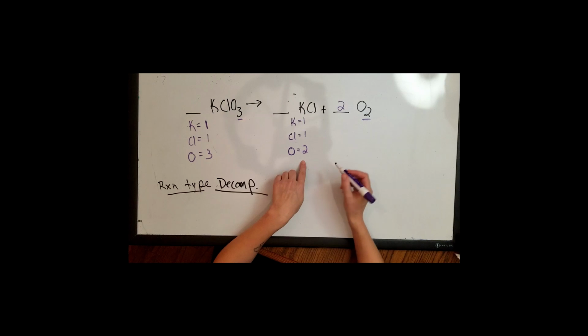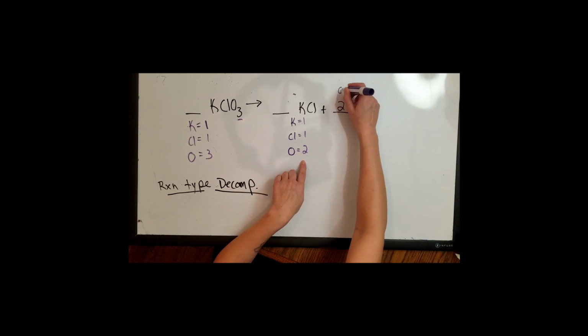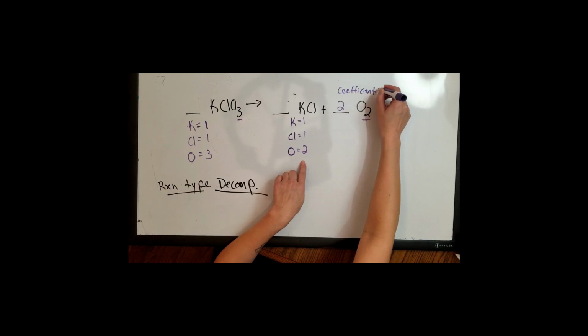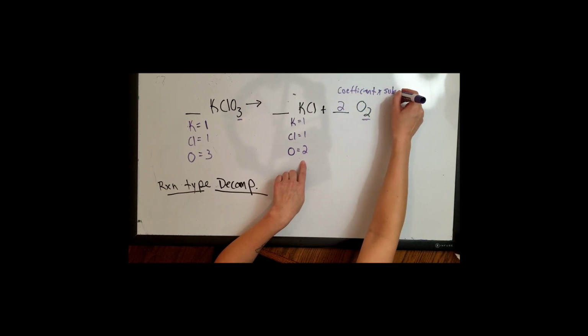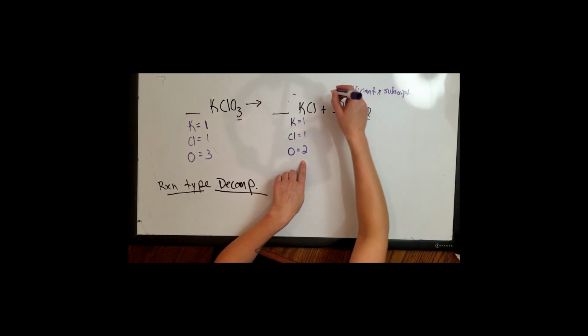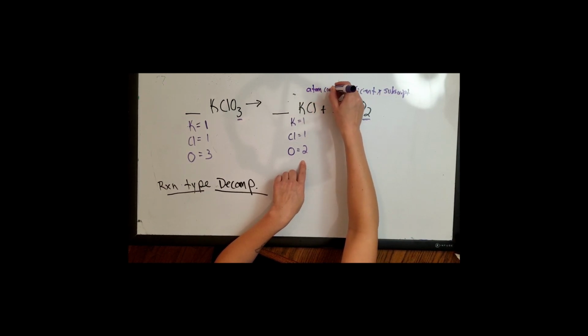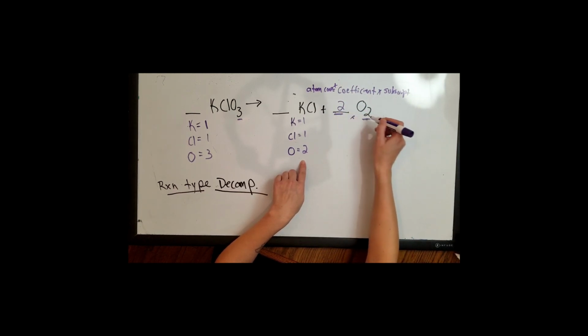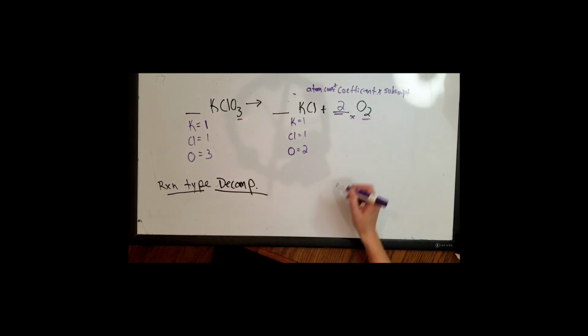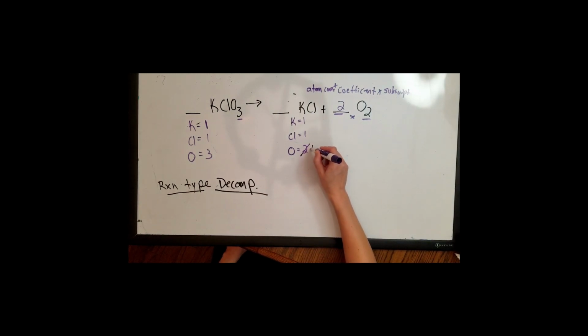Remember, to figure that out, you're taking your coefficient times subscript. So I'm going to take the coefficient of 2 and multiply it by the subscript of 2, and that's going to give me now 4.